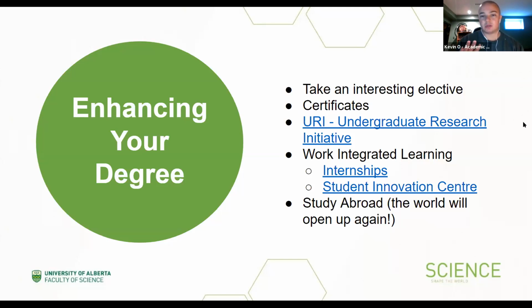When you get a copy of this slideshow, you can click on these links and see more information than we have in the short hour that we have for orientation. For the URI, you can get access to funding. You can try and pair yourself up with other researchers, lots of different opportunities.